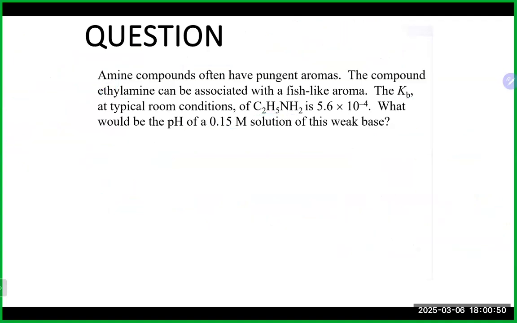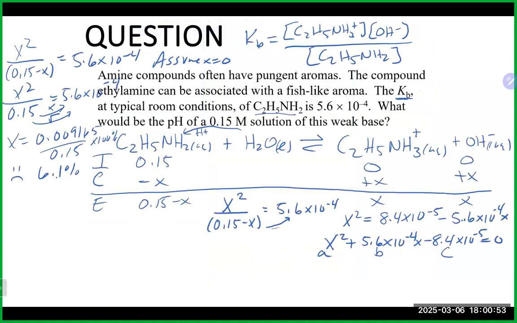Putting that into our quadratic, we get X is equal to negative 5.6 times 10 to the minus 4 plus or minus. We do everything inside the square root. That's going to be 5.6 to the minus 4 squared minus 4 times A, which is 1, times C, which is negative 8.4 times 10 to the minus 5.